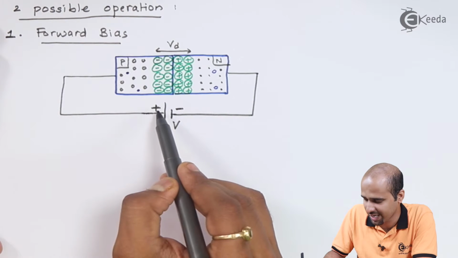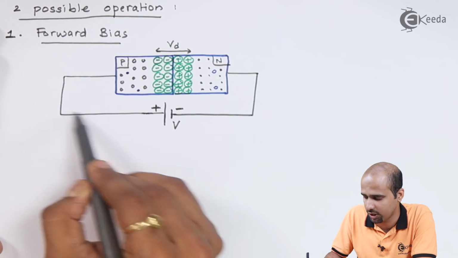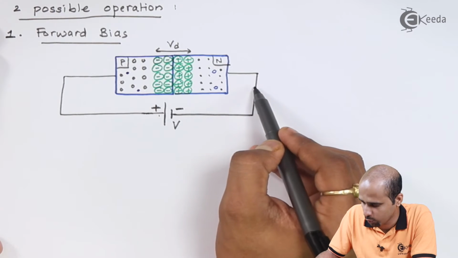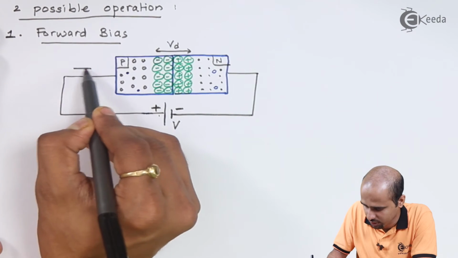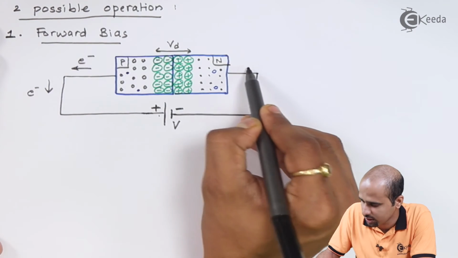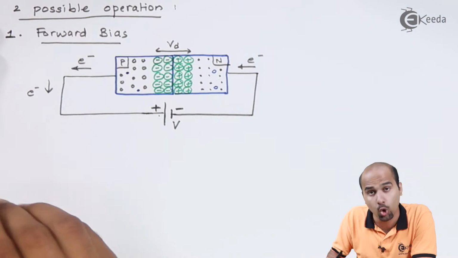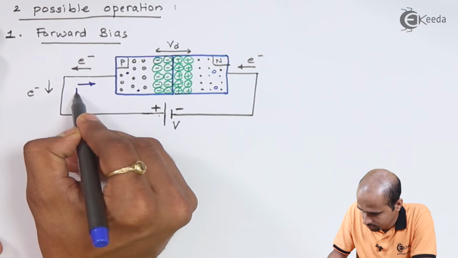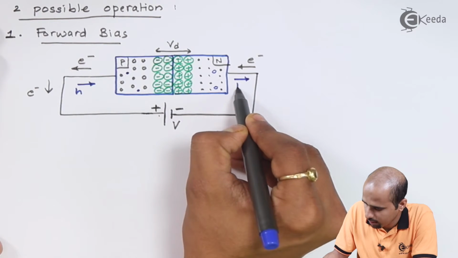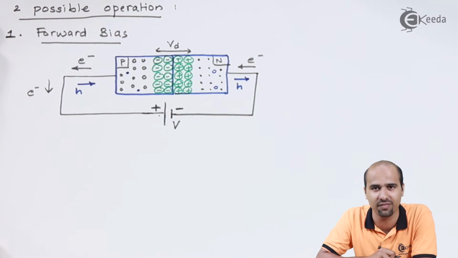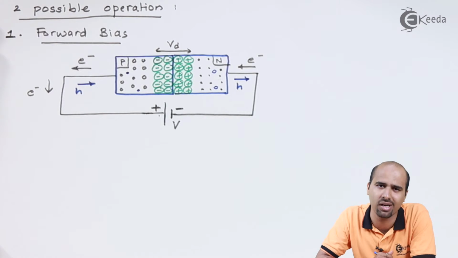So if electrons are moving here, getting attracted towards the positive terminal of the battery, current will move. Electrons will move in this particular direction and the holes will move in this particular direction. Now what is a hole? Holes are nothing but the deficiency of an electron, an empty chair, and when it gets filled with an electron, that process is called recombination.